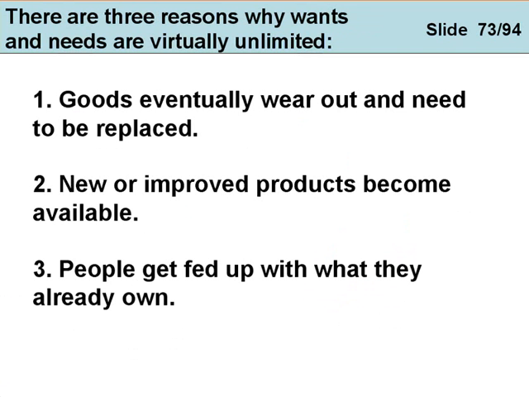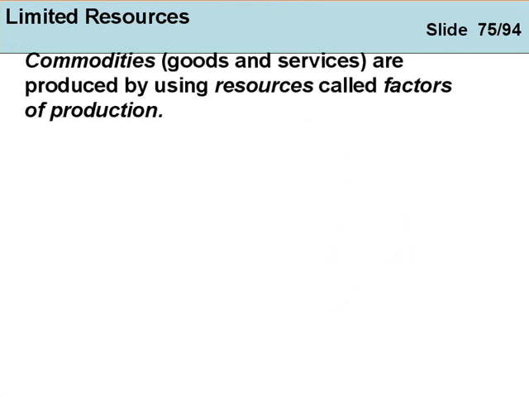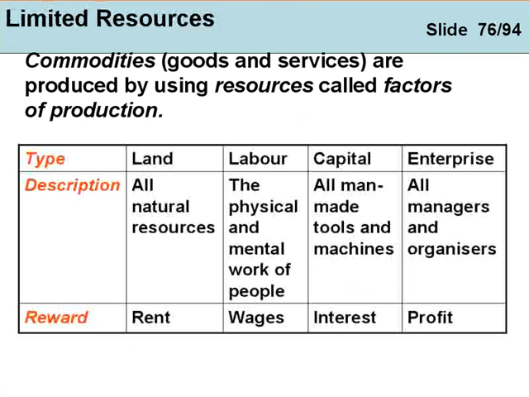So we have this idea of unlimited wants. The trouble is we've got limited resources. Commodities, goods and services, which are produced by resources, are called factors of production. And the factors of production are in scarce supply. We normally identify four factors of production: land, labour, capital and entrepreneurship.